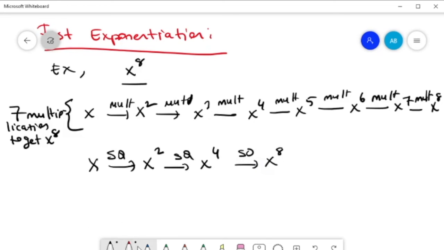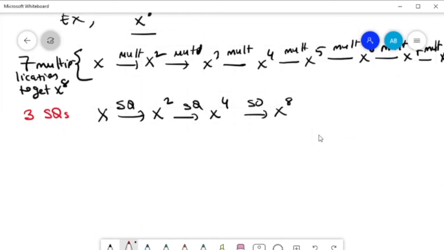So here we use 3 squarings, whereas with multiplication we have 7. So when using squaring, we have fewer operations. Of course, the complexities are different, but I won't go into complexity now.